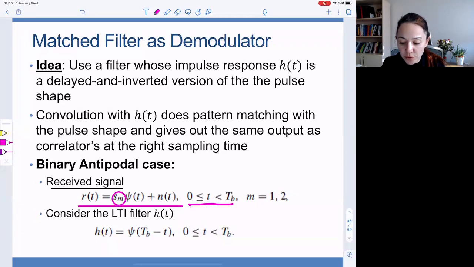Now we're talking about a bit duration TB. So for this case, the matched filter is defined as the filter whose impulse response is phi of TB minus t, where t lies in the interval 0 to TB.